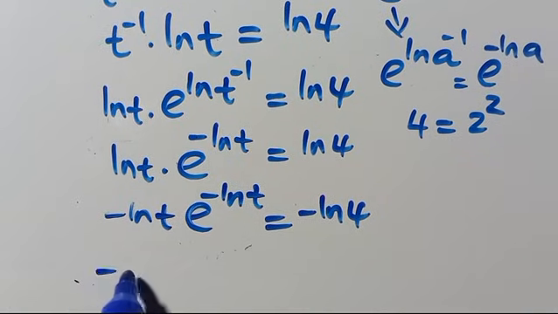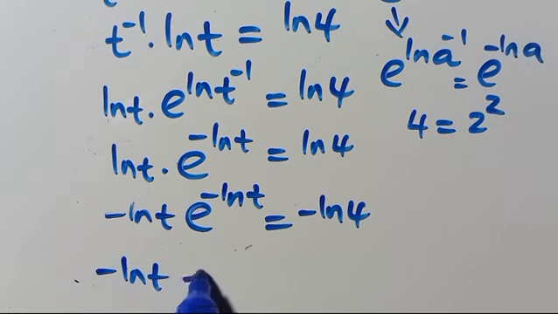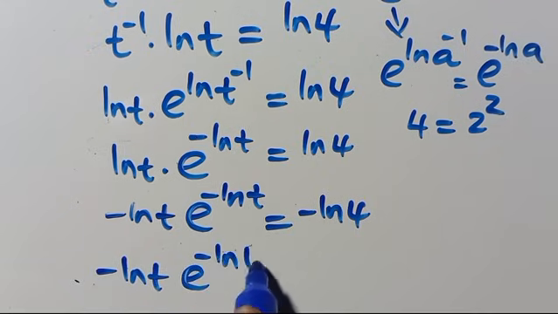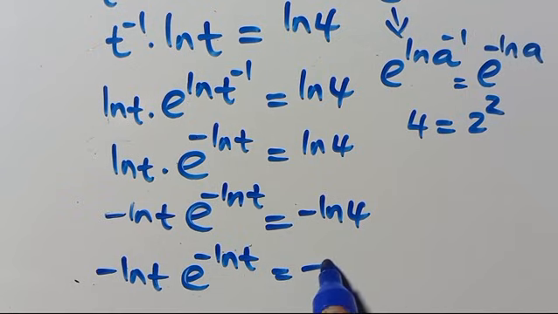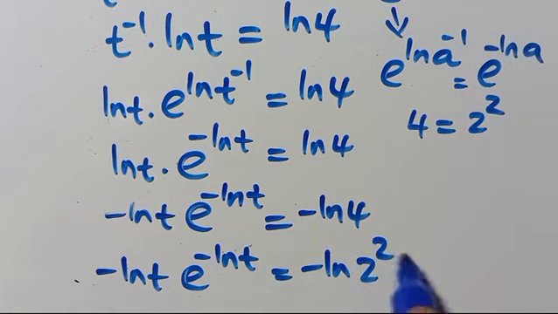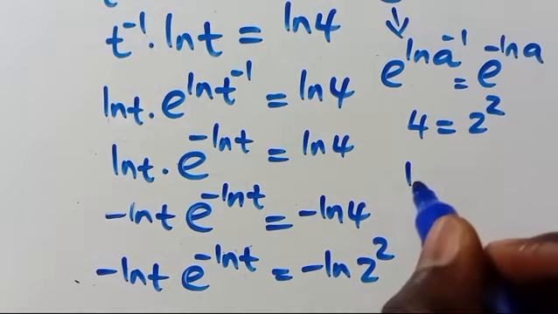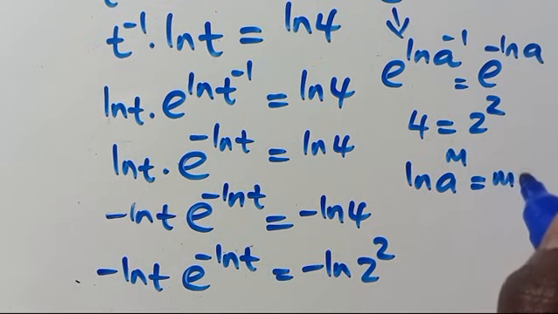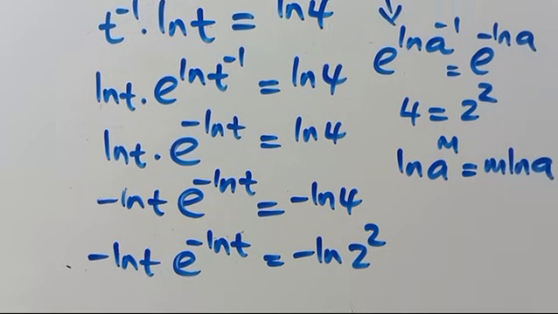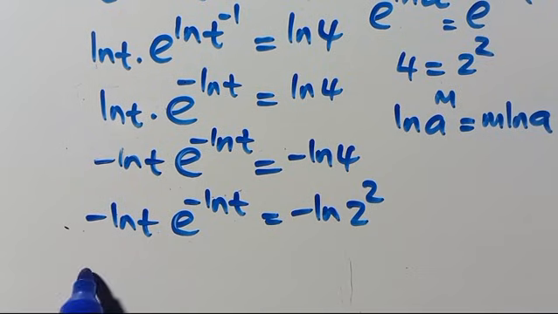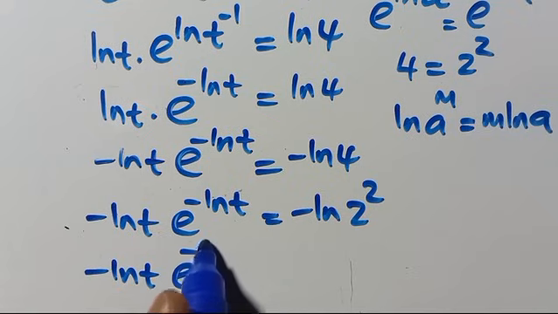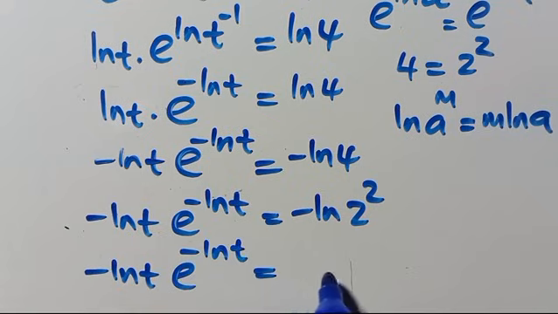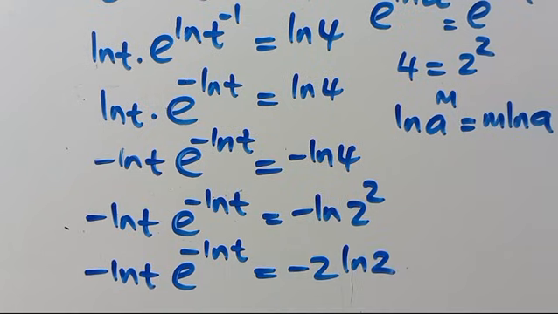So we have minus ln of t multiplied by e to the power of minus ln of t equals minus ln of 2 to the power of 2. When we have ln of a to the power of m equals m times ln of a, we have minus ln of t multiplied by e to the power of minus ln of t equals minus 2 multiplied by ln of 2.